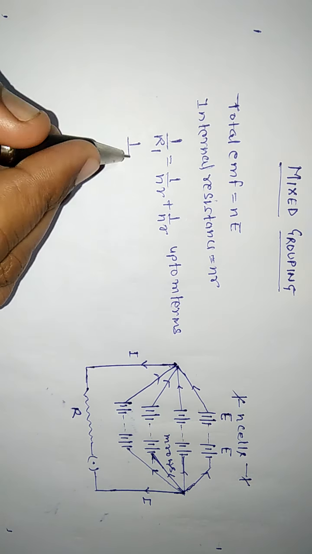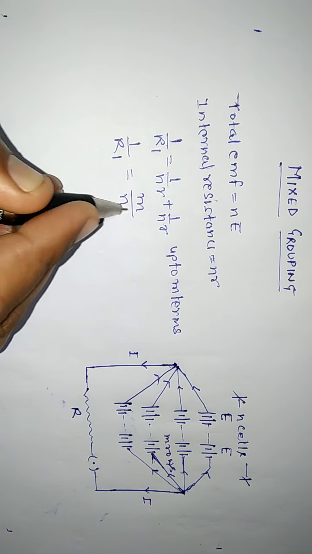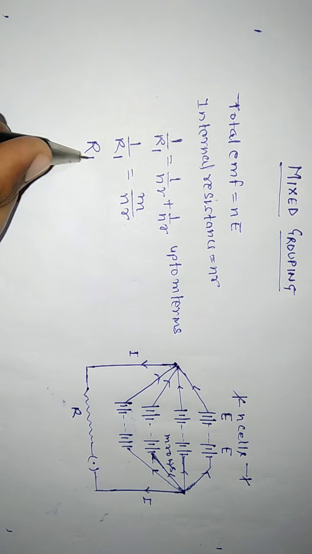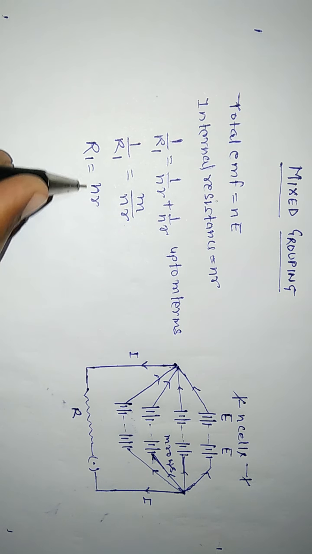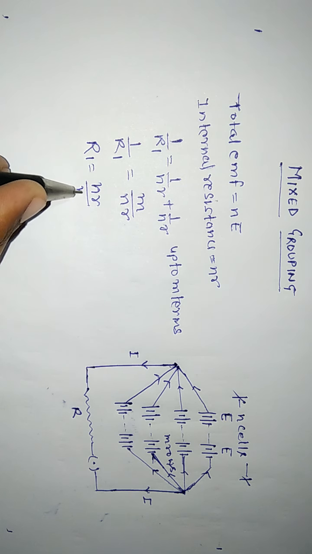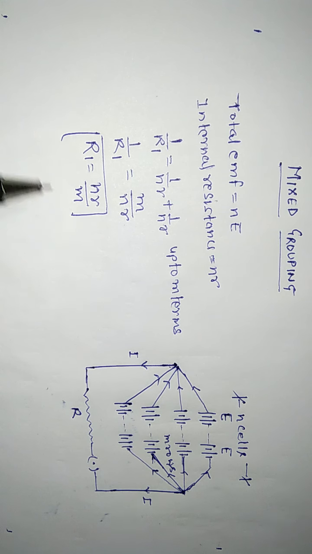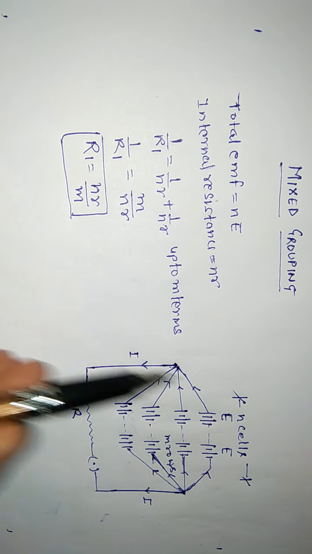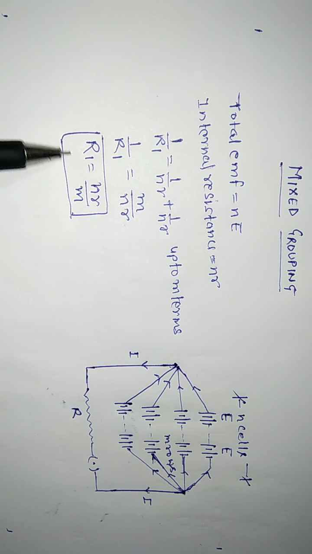So from here we can calculate 1/R1 is equal to m/nr, or R1 is equal to nr/m. This is the internal resistance of the whole battery. Means for all cells the value of internal resistance will be R1 is equal to nr/m.